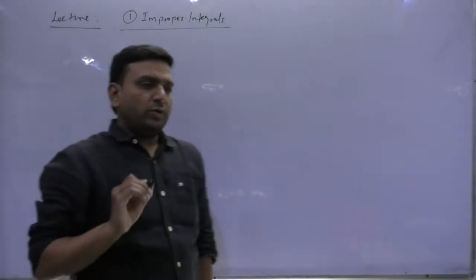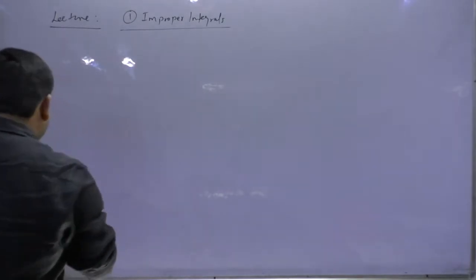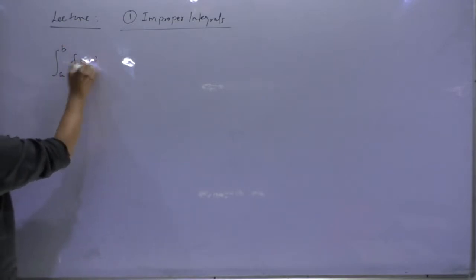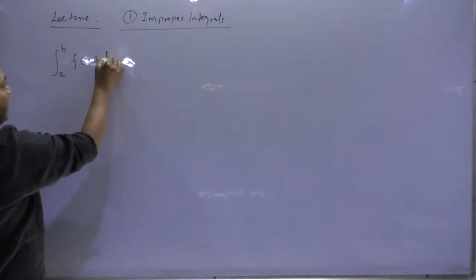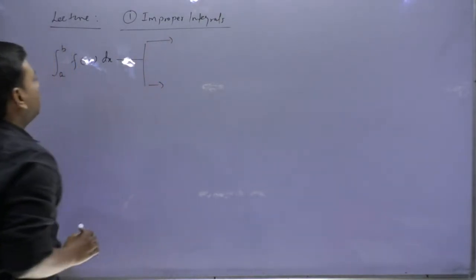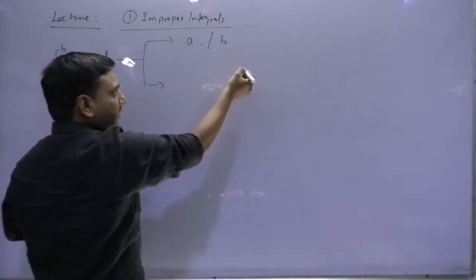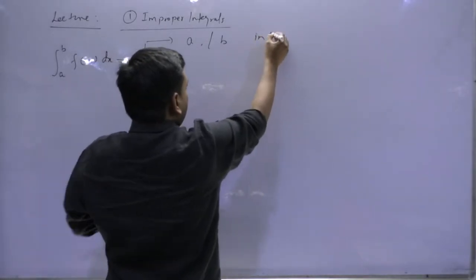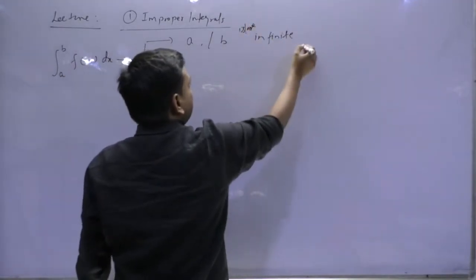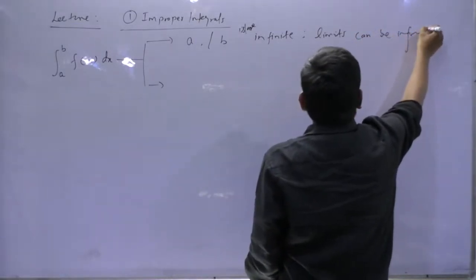So when I talk about improper integrals, let's understand this part here. Suppose that I have an integration of the type a to b f of x dx. So what are the possibilities we may have? Maybe either a or b is or are infinite, meaning limits can be infinite.